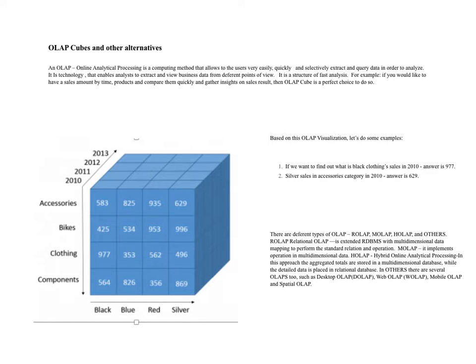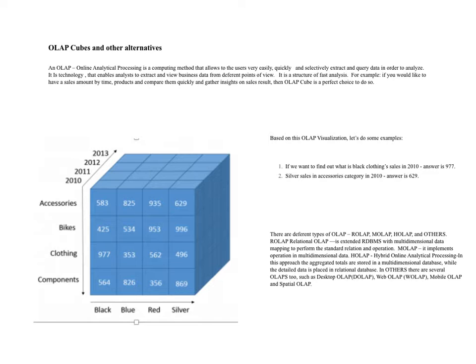That's how this process works. Let's take another example: silver sales in the accessories category in 2010. The answer is 629, because 2010, accessories, and silver cross at the number 629.